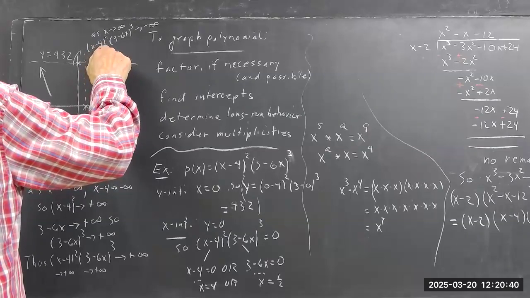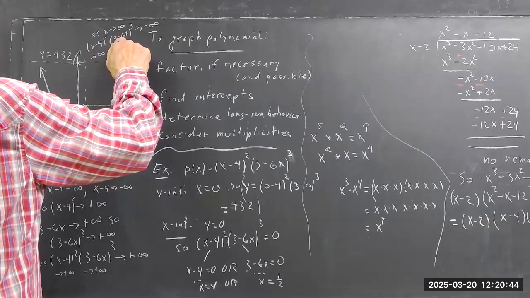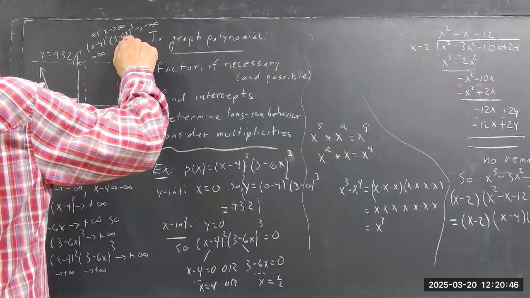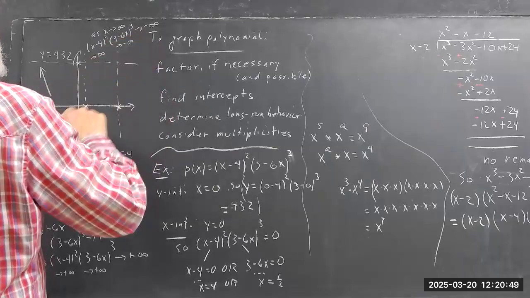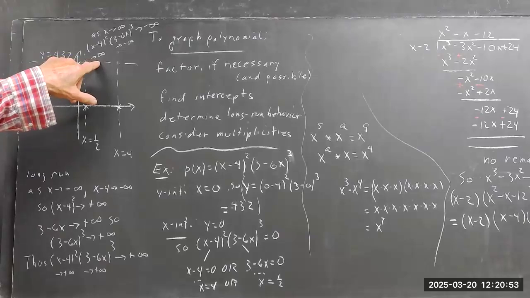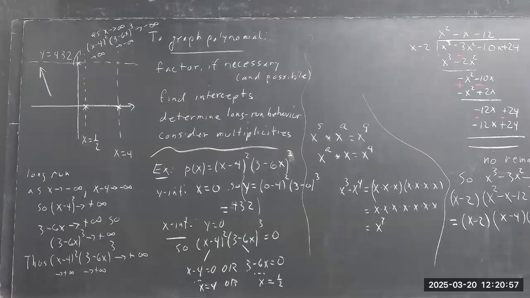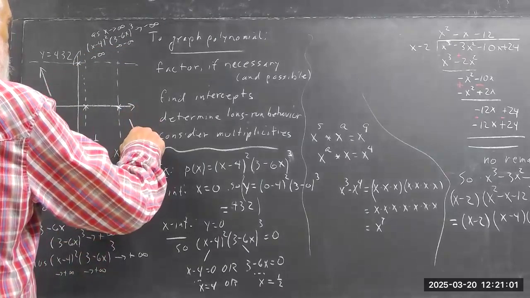The x minus 4 squared goes to infinity. But the 3 minus 6x cubed goes to negative infinity. So you've got a huge positive number multiplied by a huge negative number, which gives you a really, really big negative number. That means the graph is going to go down here.